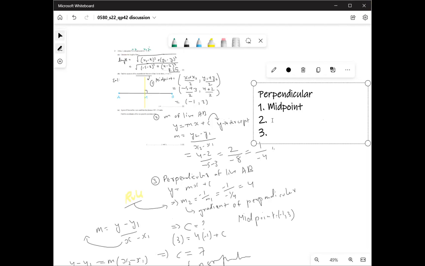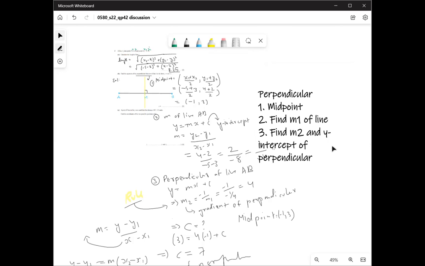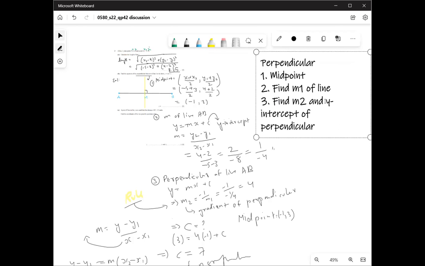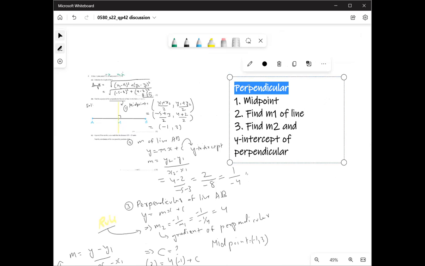First, find the midpoint. Second, find the gradient m1 of the line. Third, find m2 and the c y-intercept of the perpendicular. Those are the 3 steps. Please write this down: Method, equation of perpendicular bisector.